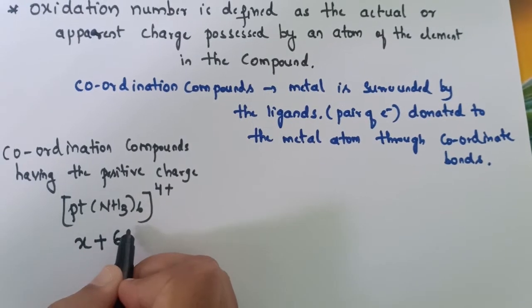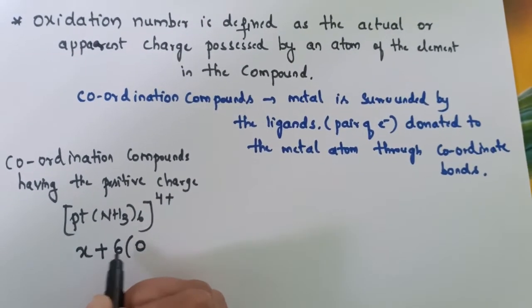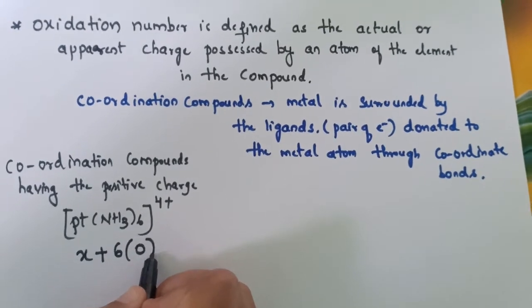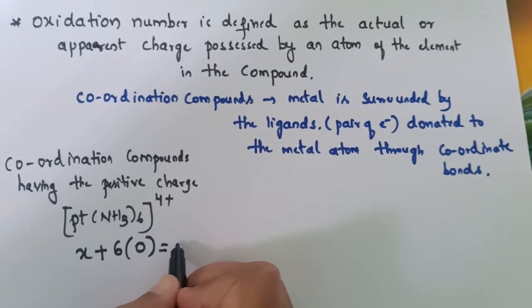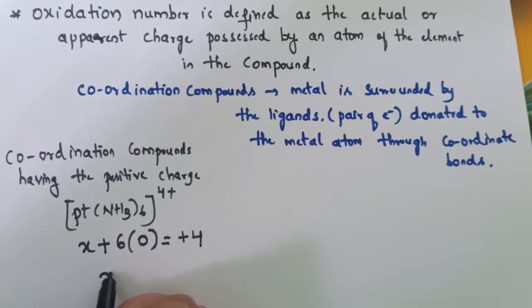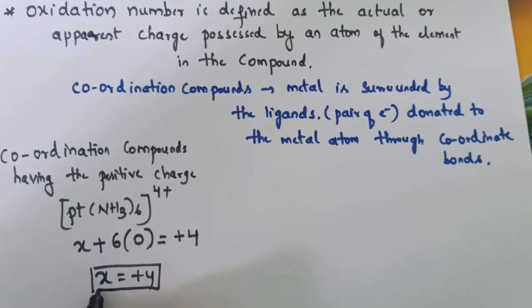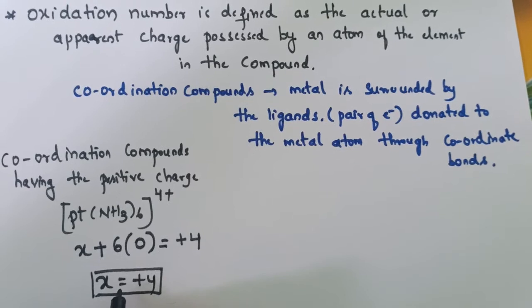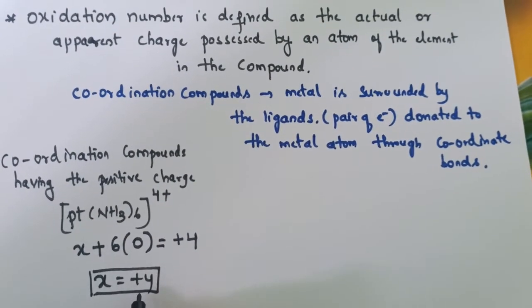And NH3 has oxidation number 0 because it is neutral, equals the charge on the complex, which is plus 4. So X is equal to plus 4. So the central metal atom has the charge plus 4. That is, Pt has the charge plus 4.